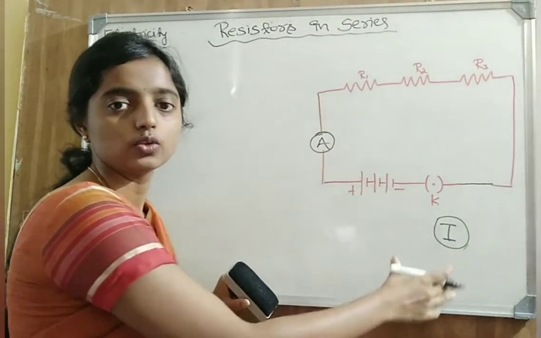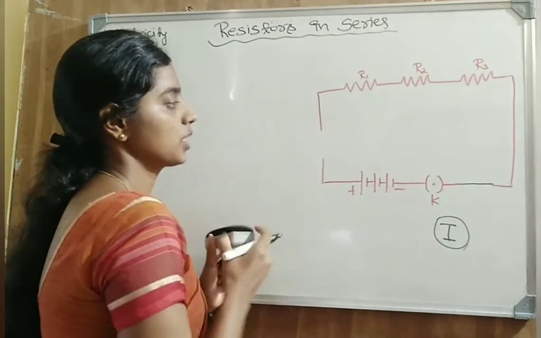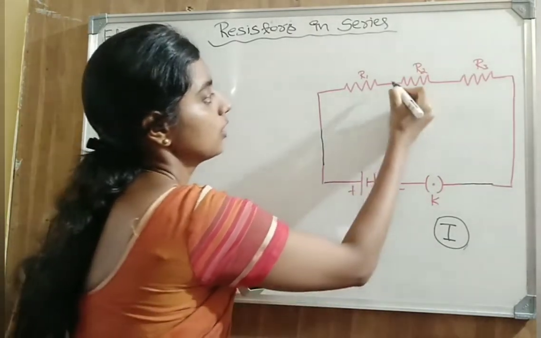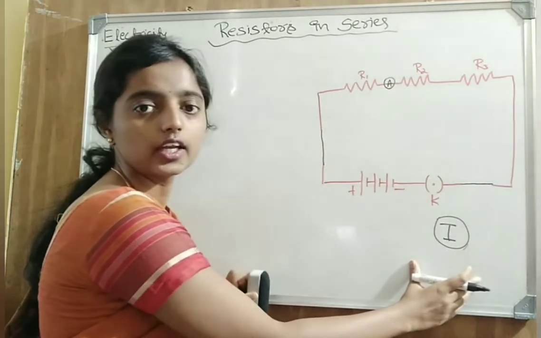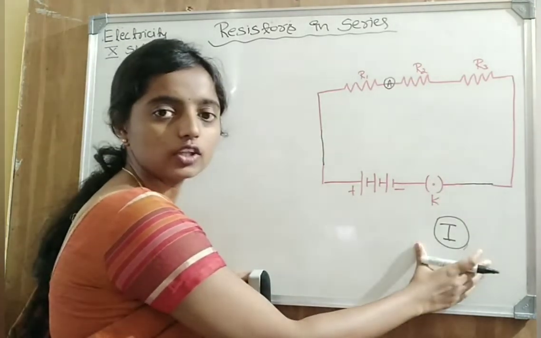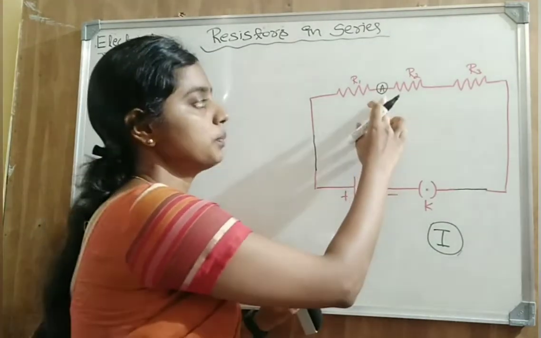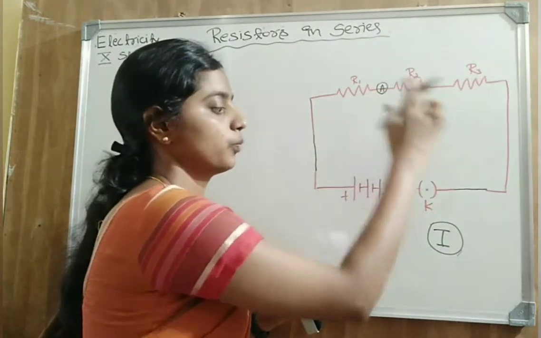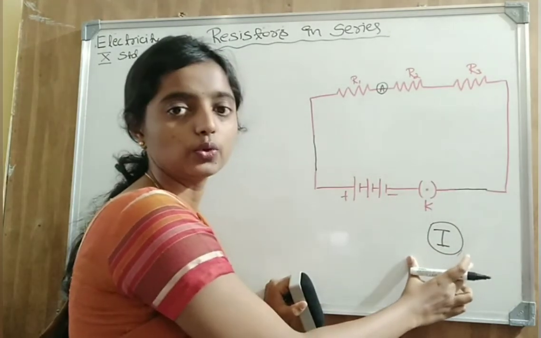Now again we need to see by changing the position of the ammeter. So the next step is, we will connect it in between the resistors and see the reading of current. Again we got the same. We took a number of trials by changing the position of the ammeter and noted the reading of current. We got the same value.